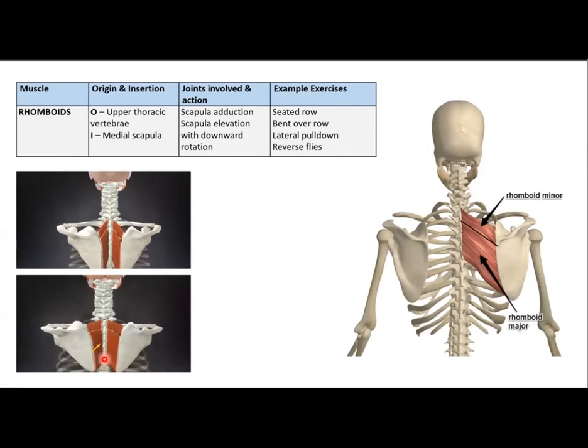Yeah, so this one is also not an exercise, not the movement. When the muscle contracts, there are different parts: you have a major and you have a minor. The major does a different movement than the minor.